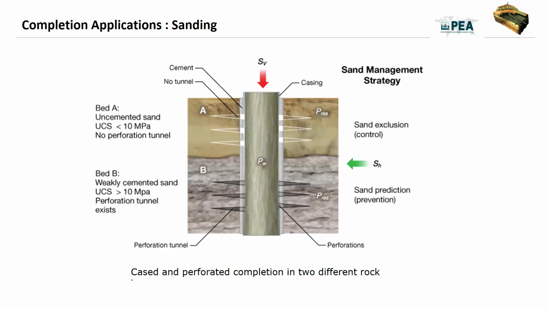But if the strong and weak rocks are interbedded, selective perforation of the stronger interval can be an appropriate strategy, like bed D. When the rocks are of uniform and sufficient strength, a stress management strategy should be used to avoid failure of the rock, that is, limiting the drawdown pressure to prevent sanding.